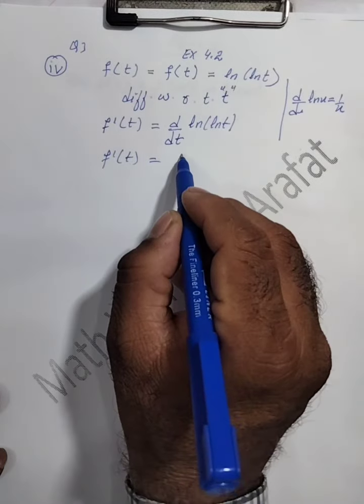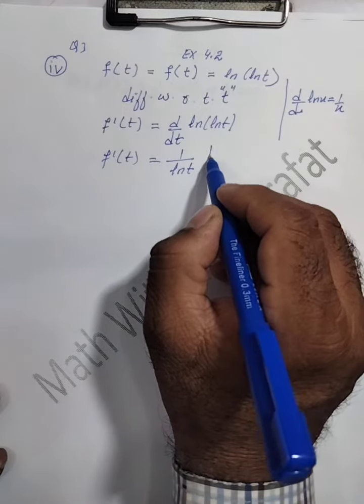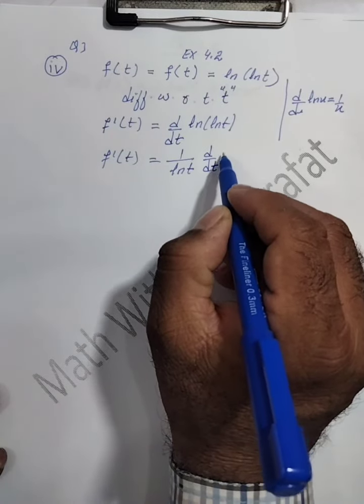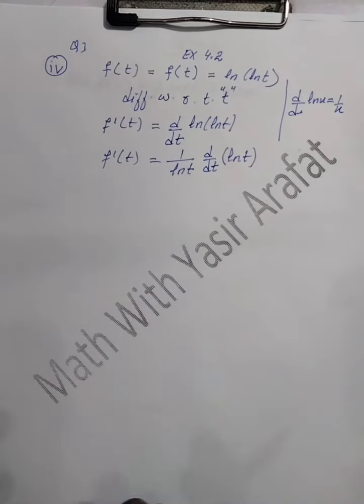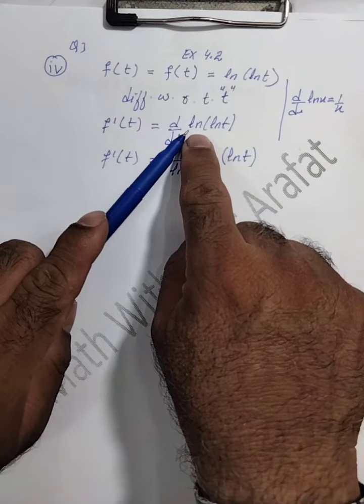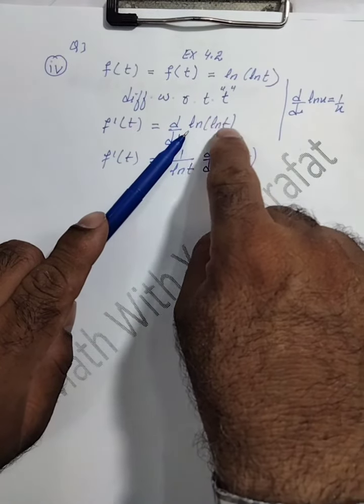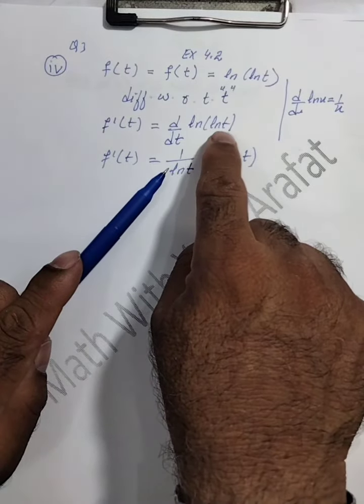The derivative of ln is equal to 1 upon ln t, and then we have to find out the derivative of this function, that is ln t. Remember that here we have to find out the derivative of ln. So the derivative of ln is 1 upon ln t, and then we have to find out the derivative of ln t here.